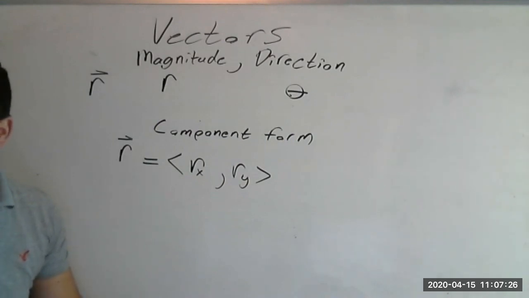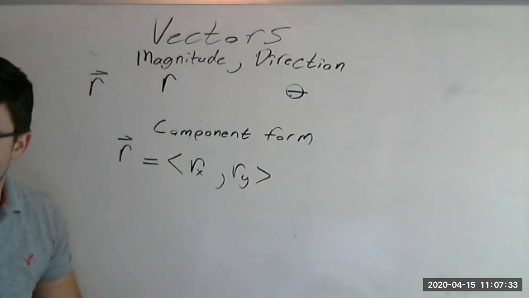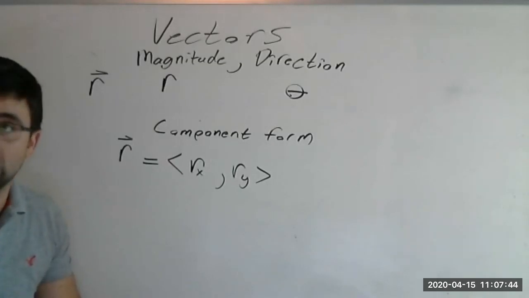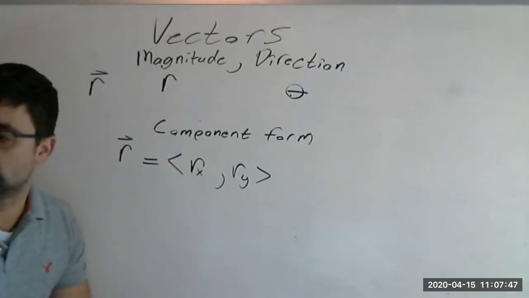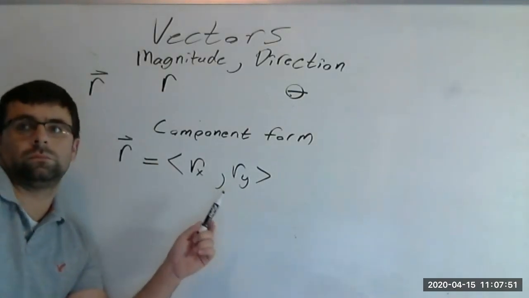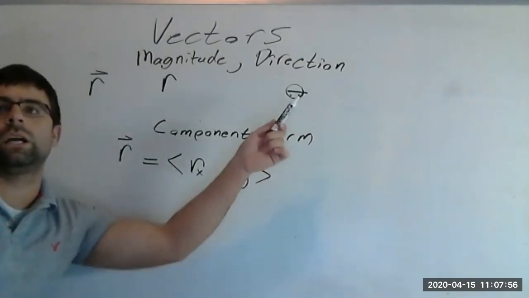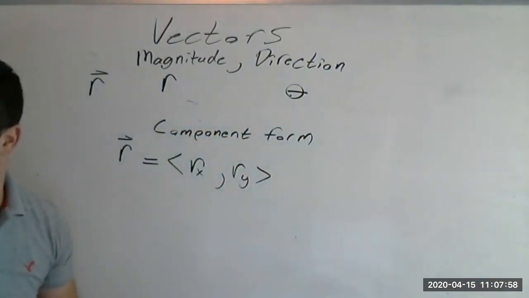So last time we kind of left off, and I was trying to get you guys to tell me what are the relationships that relate all of these things. So that's where we will start back in. What relationships allow you to find, or go between Rx, Ry, theta, and R?